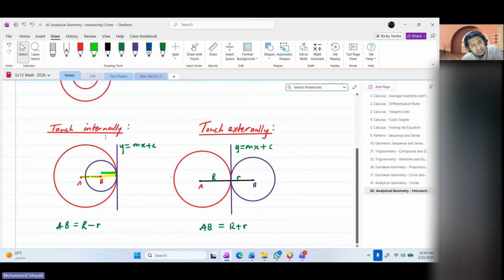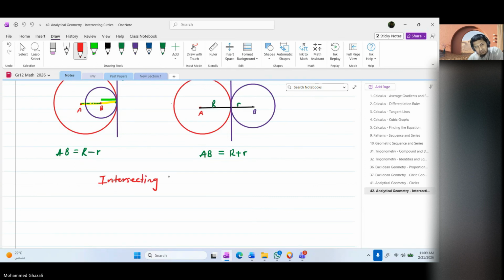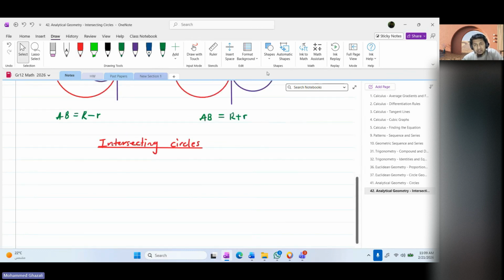So that's what we did internally and externally. Next is when the circles intersect. When do they intersect? So looking at intersecting circles. Intersecting circles is, we have two circles, but they intersect.